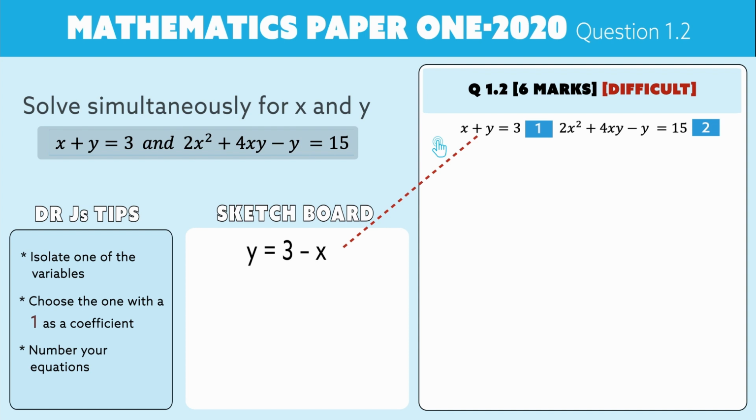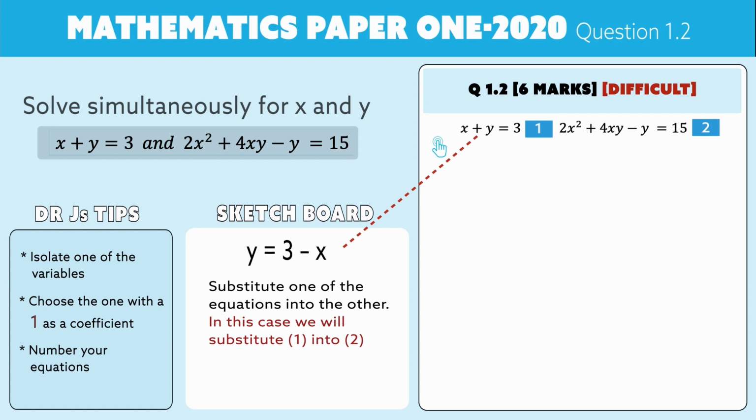Now you need to substitute. Substitute number 1 into number 2. Let's see what that gives us. Remember, I've made 1 equal to y equals 3 minus x. That goes into number 2. So everywhere there's a y in the second equation, I substitute y equals 3 minus x.